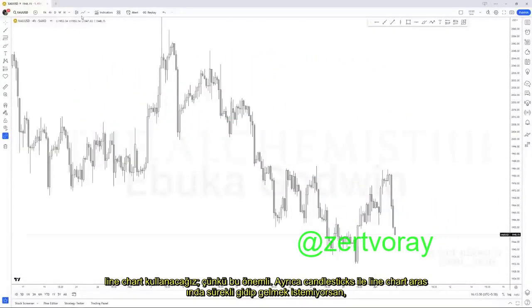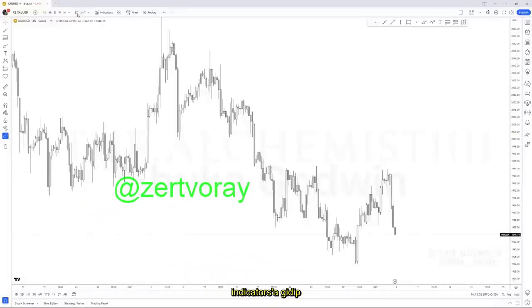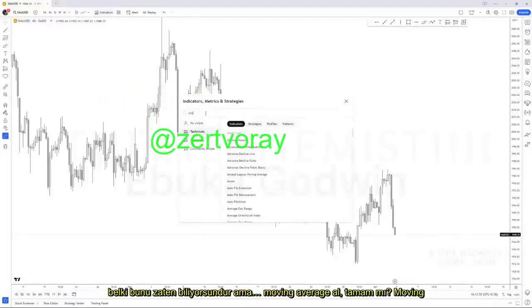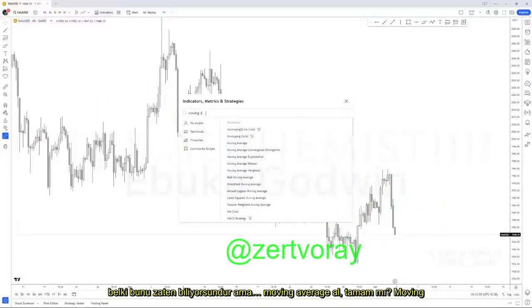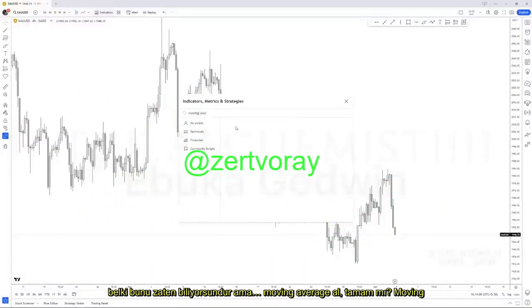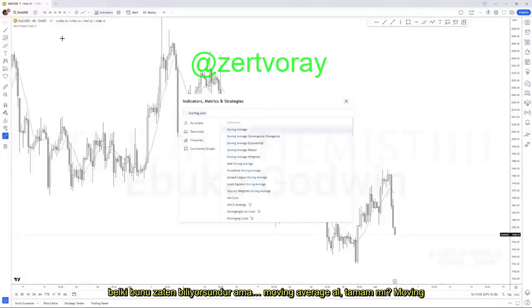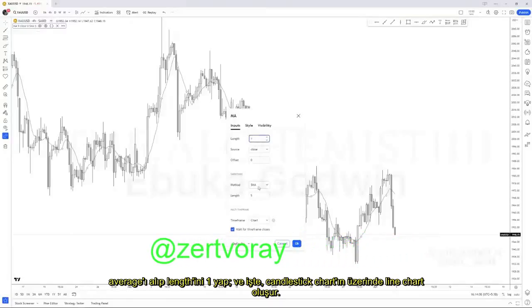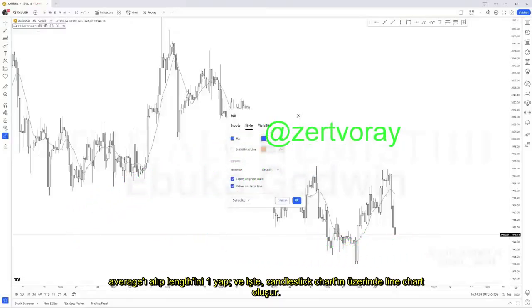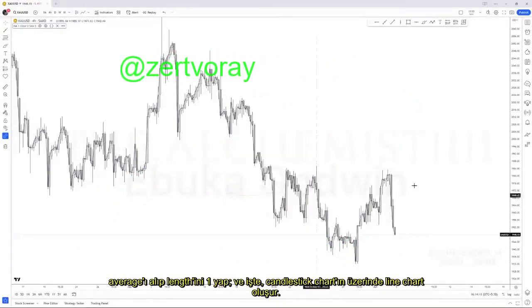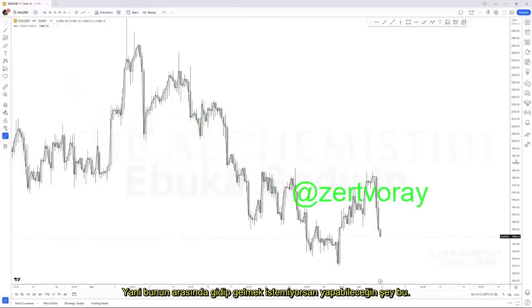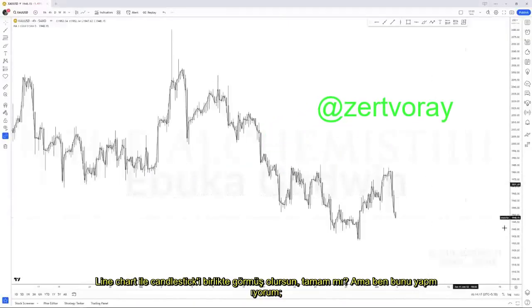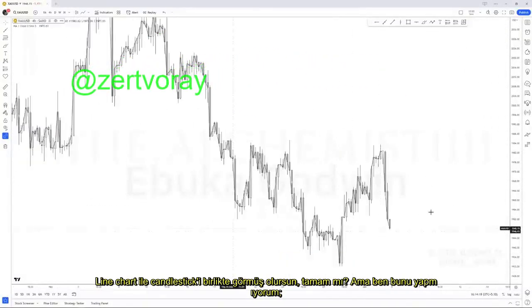And also, if you don't want to switch back and forth from candlesticks to line chart, what you could do is go to indicators, and you might know this already, take the moving average and set its length to 1. And there you go. You have the line chart on the candlestick chart itself. So if you don't want to go back and forth, this is what you could do. You have the line chart and the candlestick both together.